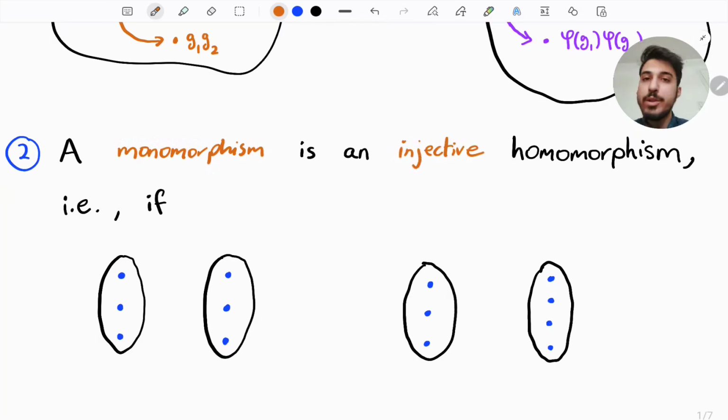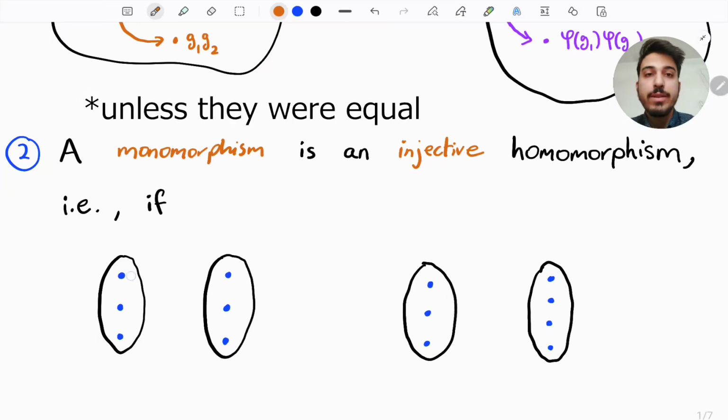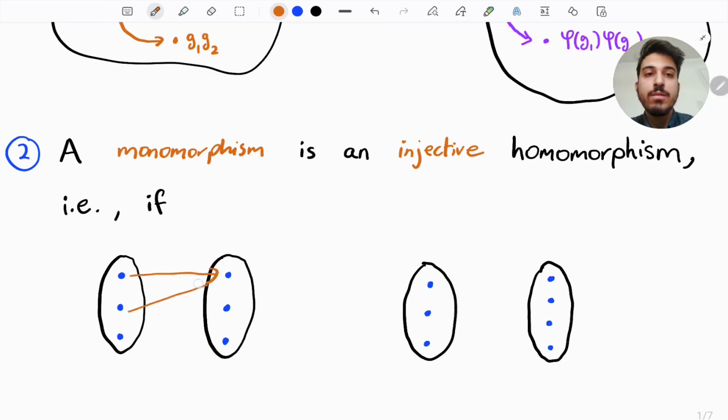Injectivity is a property that you might have studied in discrete mathematics. It says basically that no two elements are mapped to the same element. So this, for example, is not injective, because two elements on the left are mapped to one element on the right.